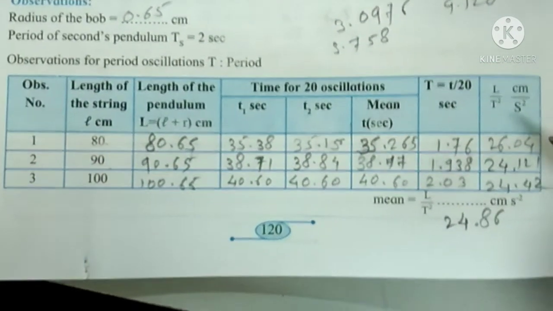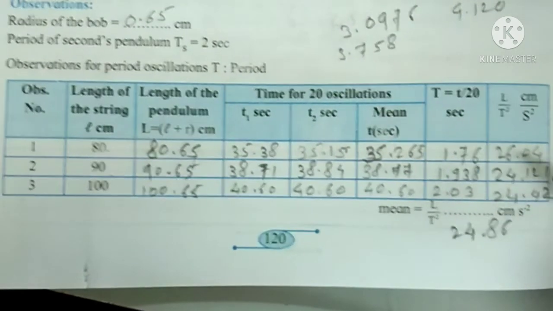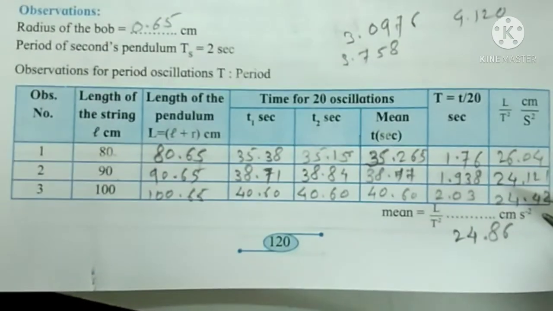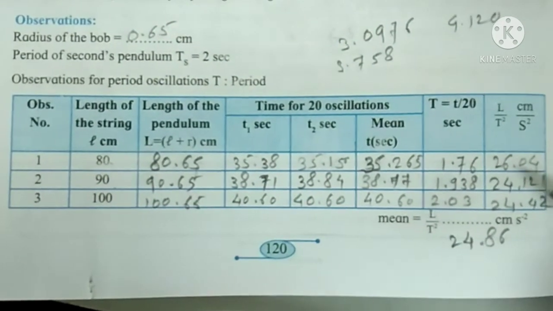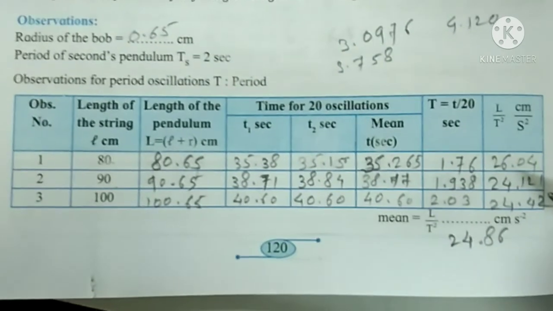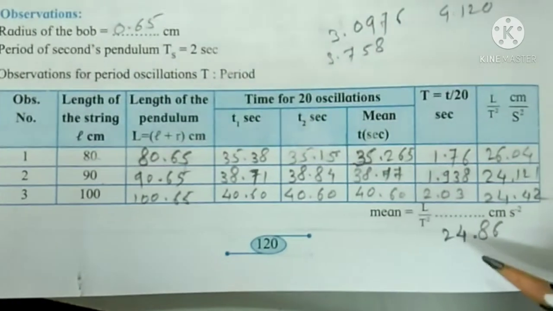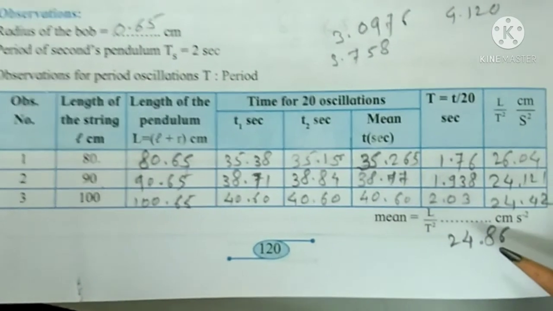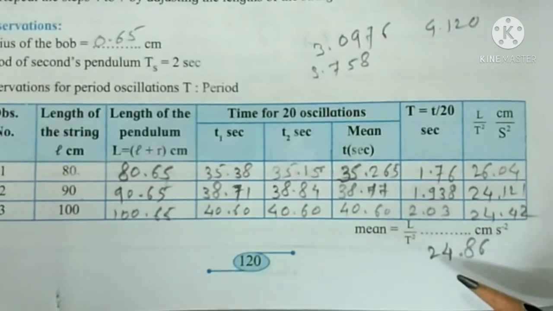In first reading, the value of L upon T square is 26.04, second one is 24.121, and third one is 24.42. So if we take addition of these three and again divide by 3, then we get 24.86. Here 24.86 is the mean of L upon T square.